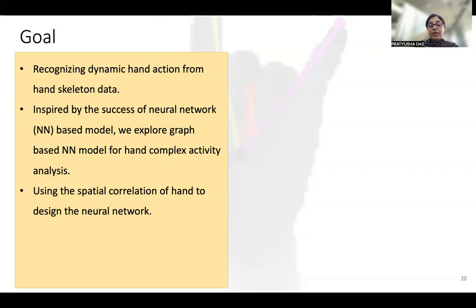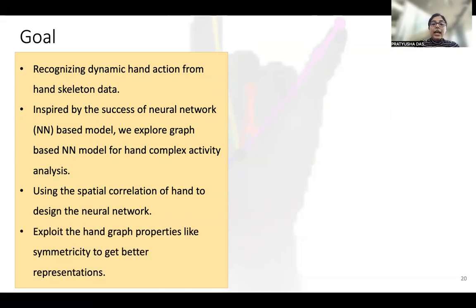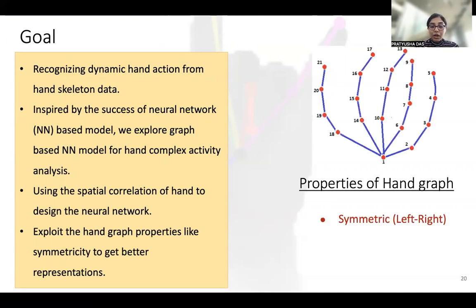We want to go graph-based because it can capture the spatial correlation of the hand. And this hand graph, as you have already seen, has many interesting properties: it is symmetric, bipartite in nature, and also tree structured.